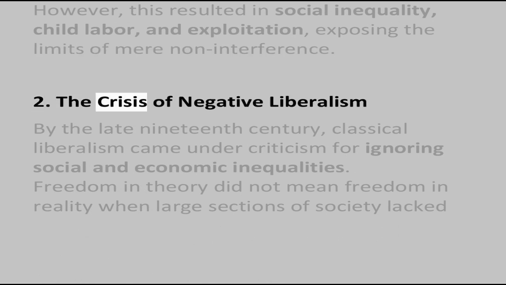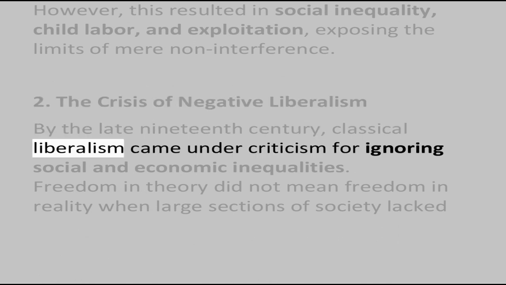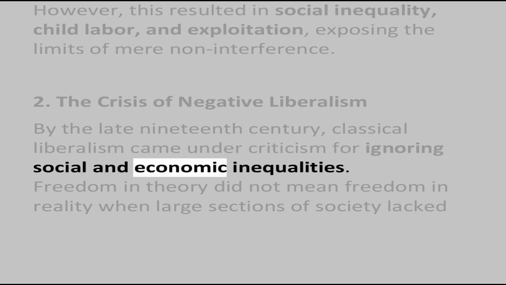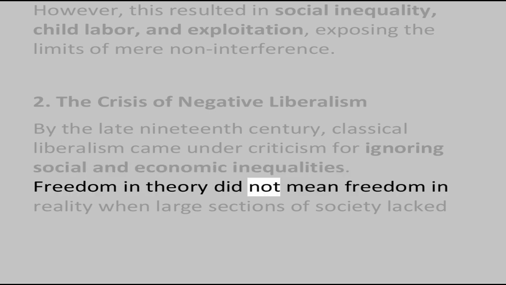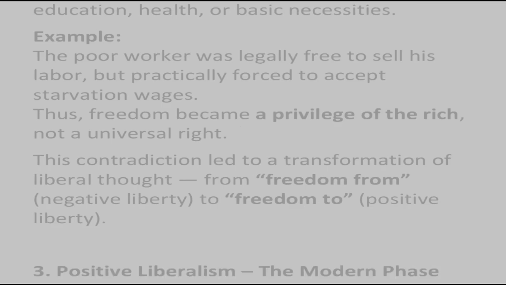2. The crisis of negative liberalism. By the late 19th century, classical liberalism came under criticism for ignoring social and economic inequalities. Freedom in theory did not mean freedom in reality when large sections of society lacked education, health, or basic necessities.